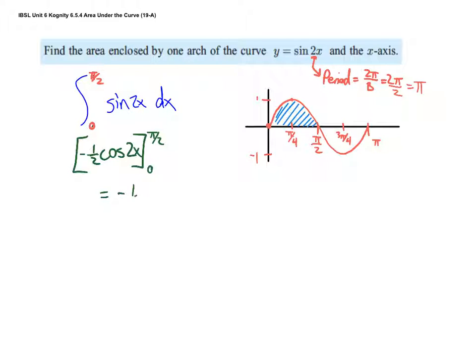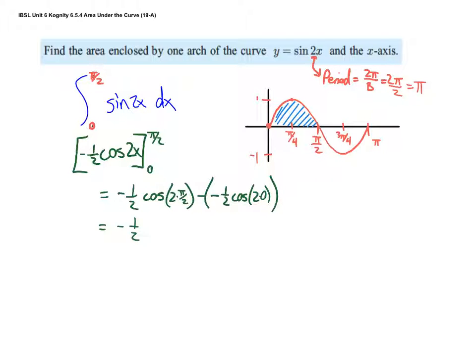So it's negative 1/2 cosine of 2 times pi over 2, which is just cosine of pi. But then we subtract a negative 1/2 cosine of 2 times 0. So it's negative 1/2.